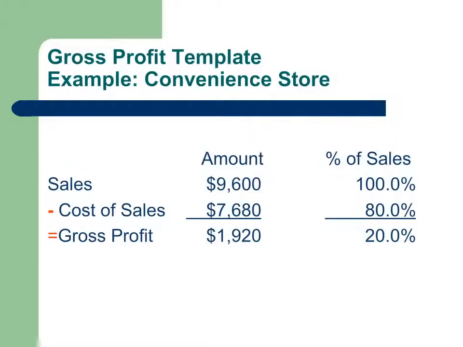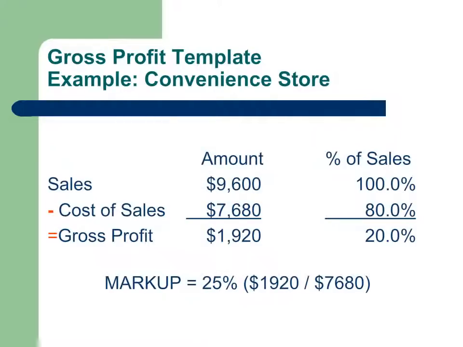This is confusing to many who assume that markup and gross profit percentage are the same. Although they are related, they are not the same. Gross profit margin is a percentage of sales. For instance, 1,920 is 20% of 9,600. On the other hand, markup is a percentage of cost.